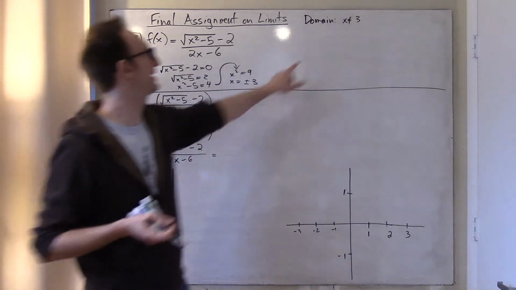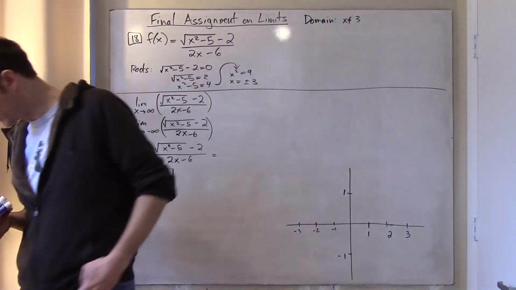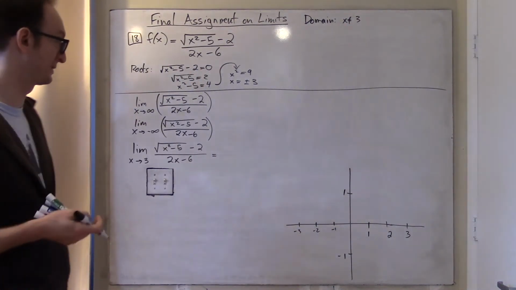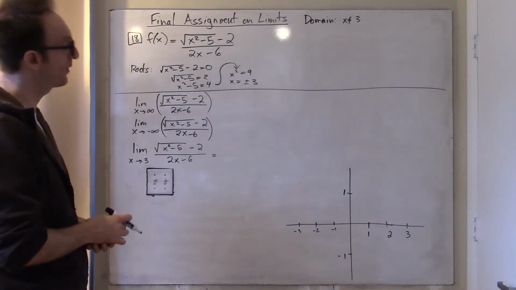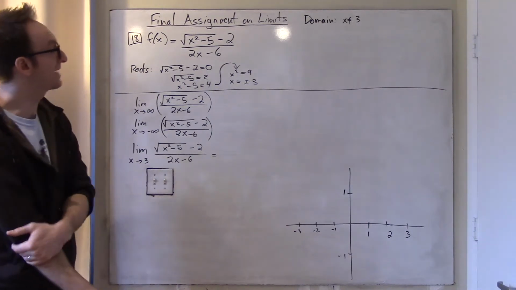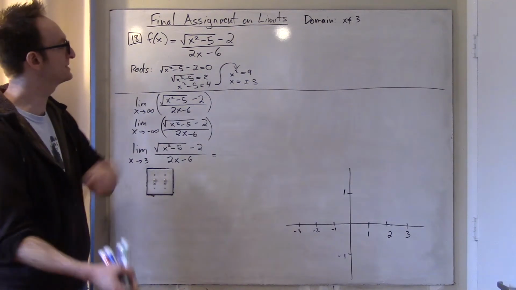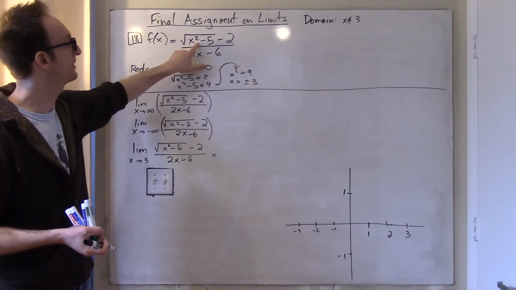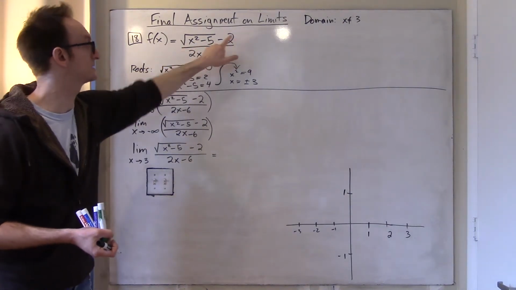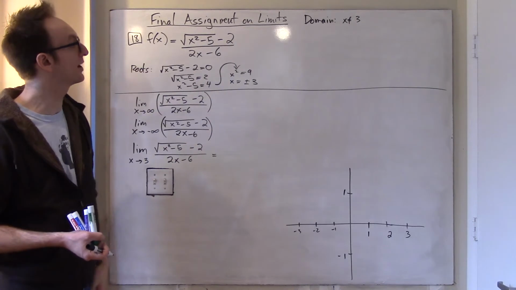But I already agreed that this function doesn't exist at x equals 3, so I don't even know what to say now. I can't plug in 3. Maybe I can plug in negative 3 though. What happens if I plug in negative 3? Well, I get 9 minus 5 is 4, square root of that is 2, minus 2, so I get 0.